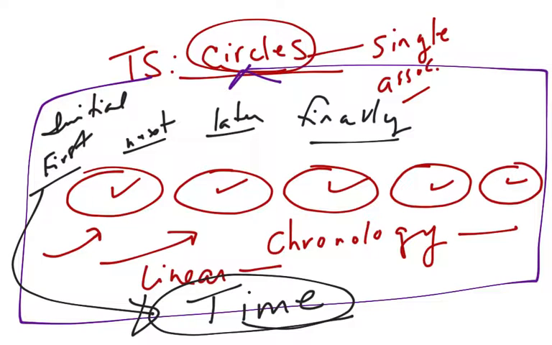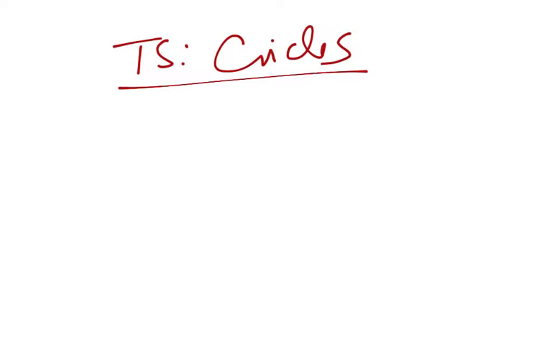So when we have a single associative concept like circles, and we're having no variations, we're not going to organize by idea, we're going to organize by time at this point because we see that they sort of move chronologically. Now, again, we've got circles.